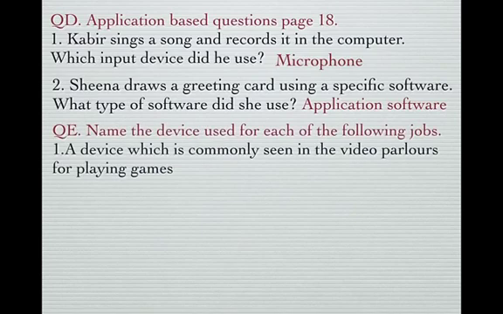Question E. Name the device used for each of the following jobs, right? A device which is commonly seen in the video parlors for playing games. Which device is used for playing games? Yes, joystick, right? Second question, a device that is used to record our voice and other sounds in a computer.